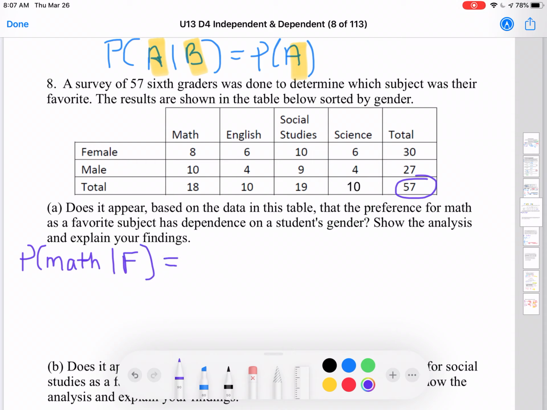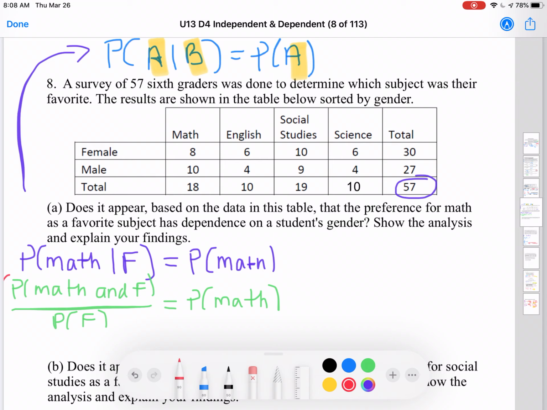Okay, I'm going to come over to the side and do the work. So for this right here, I'm going to do it in red over here. So math and female, so 8 out of 57, right? Math and female, divided by the probability of female. So female altogether is 30.